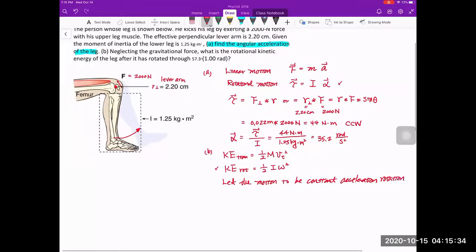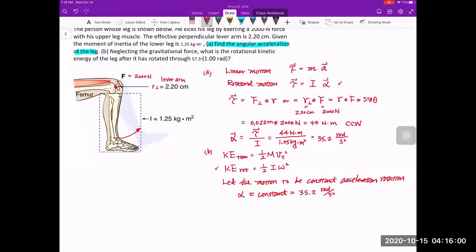This is a constant acceleration in rotation, which means alpha is a constant. And what is the constant equal to? That's equal to 35.2. With this information, how can we find omega? How do we find angular speed?